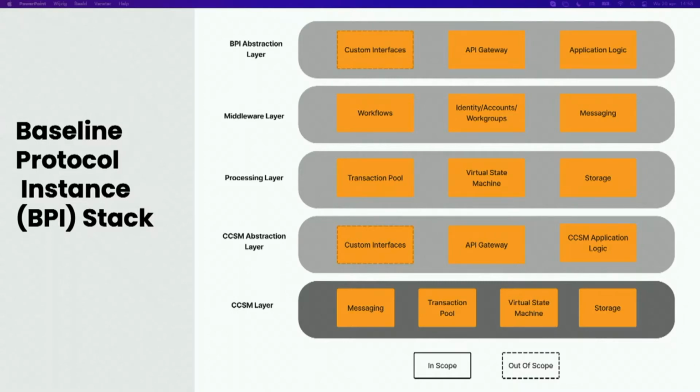That middleware layer may have a workflow section and a messaging protocol section that may exist outside of the CCSM and may allow for direct messaging within the BPI. Just for example, we'll have some kind of processing layer that may have storage.